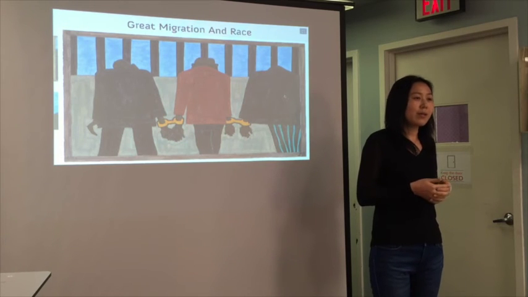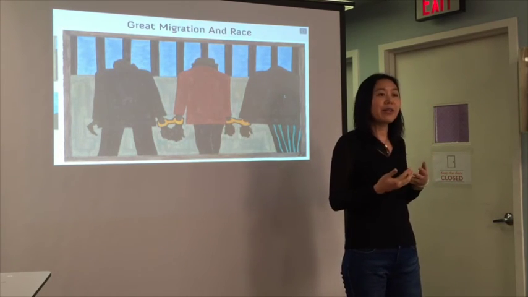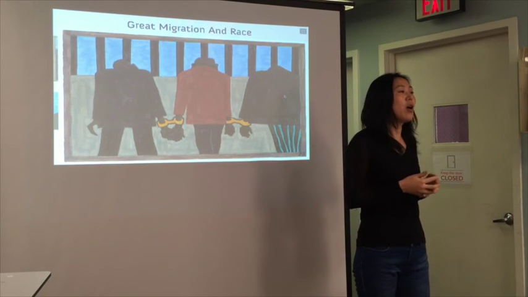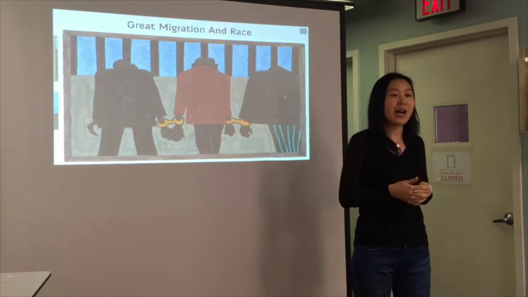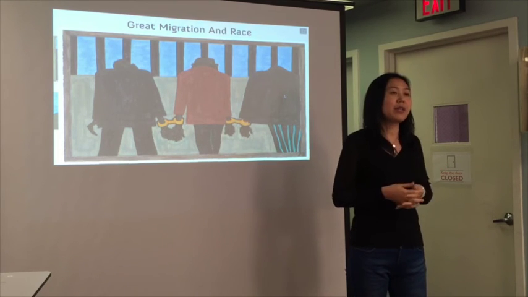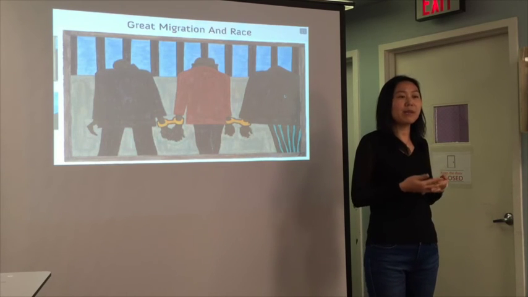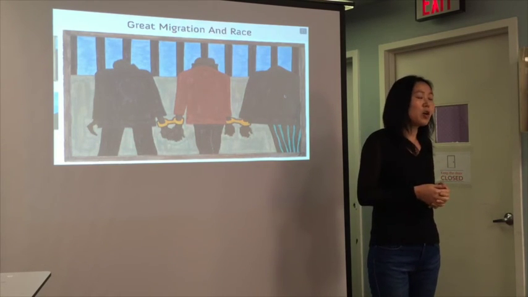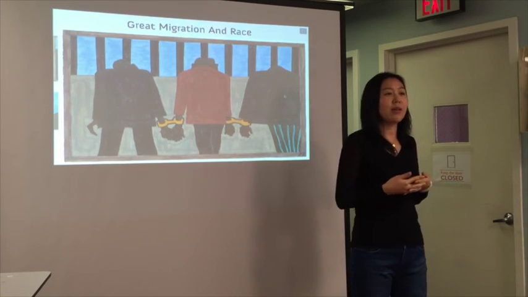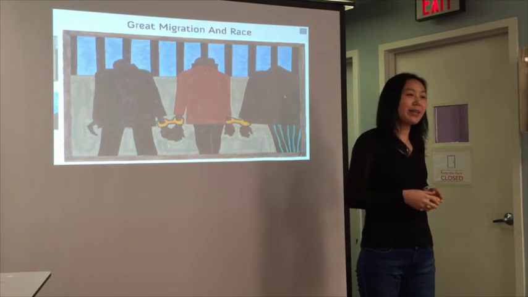Those white mobs destroyed hundreds of African American homes and businesses on the south side of Chicago, and 1,000 African American families were left homeless. It was only the beginning of the riots, which later spread to more than 24 other cities across America.